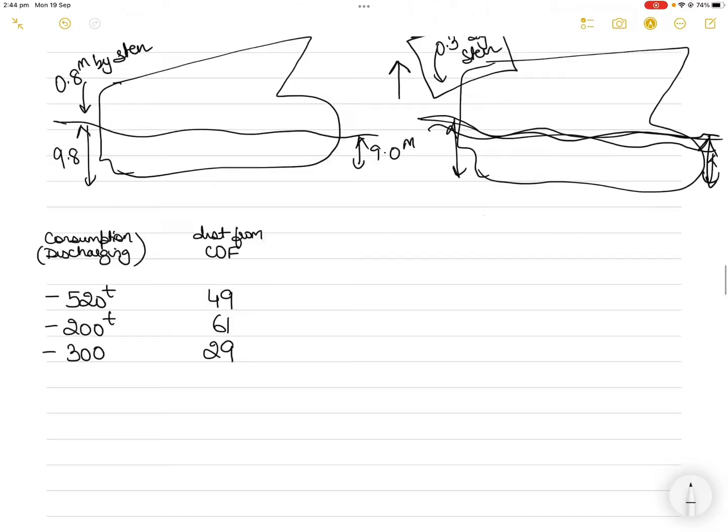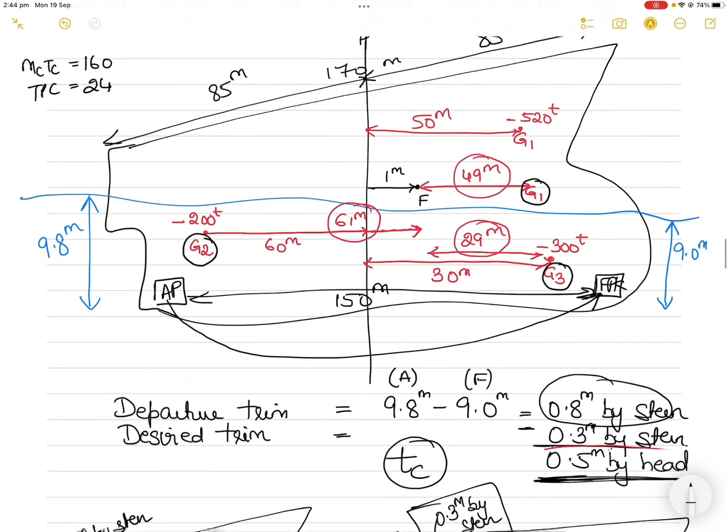Now when 520 tons of fuel oil is being consumed in G1, it is being consumed from the forward part of the vessel. That means some kind of discharging is taking place from the forward part. So where will the vessel trim? If you take off weight from the forward part, the vessel will trim by stern.